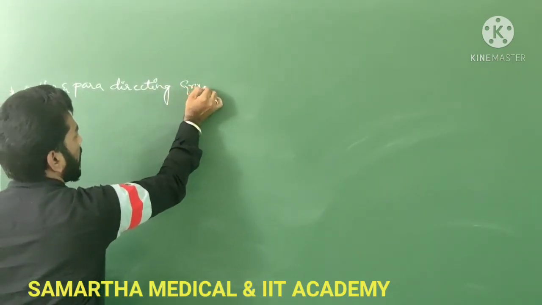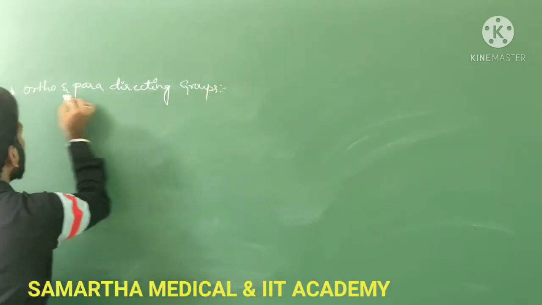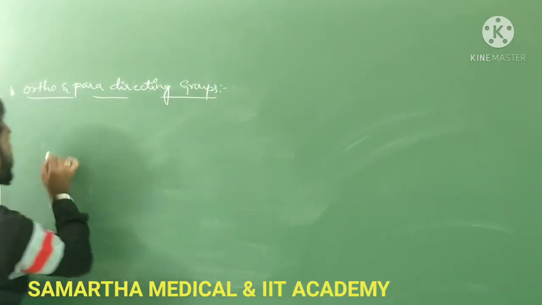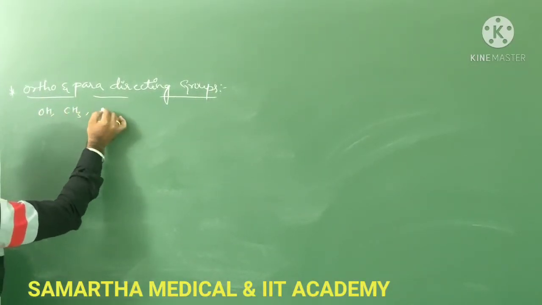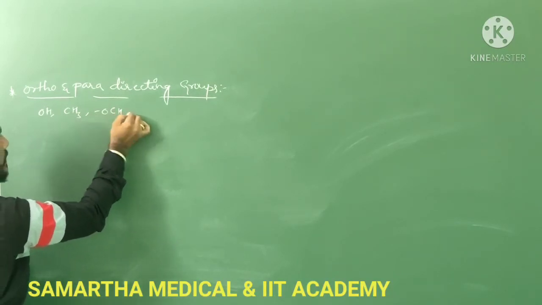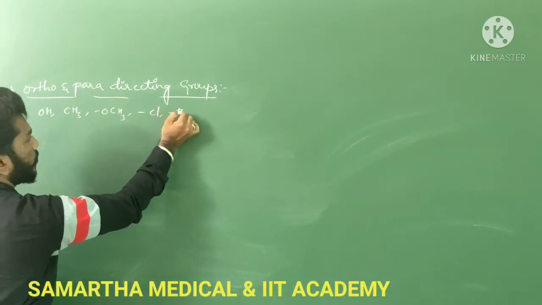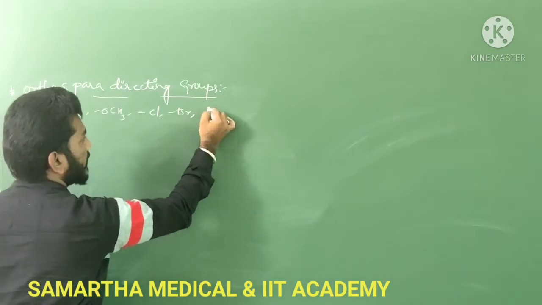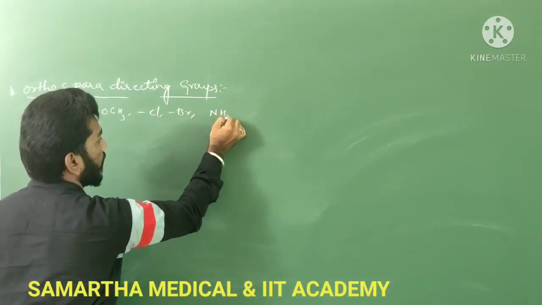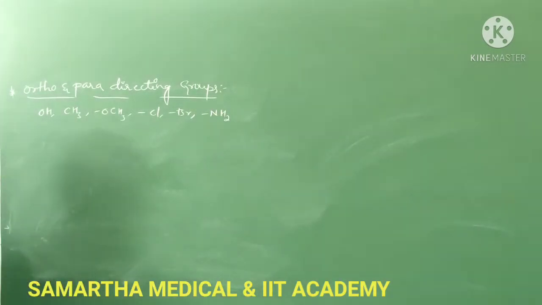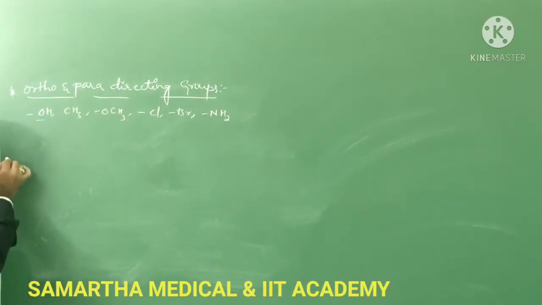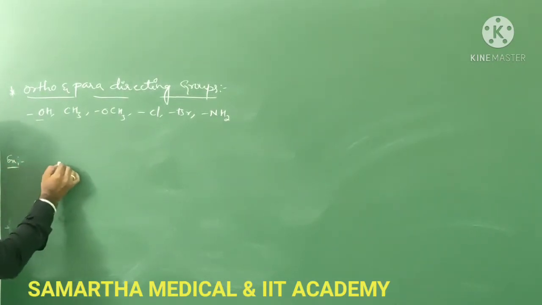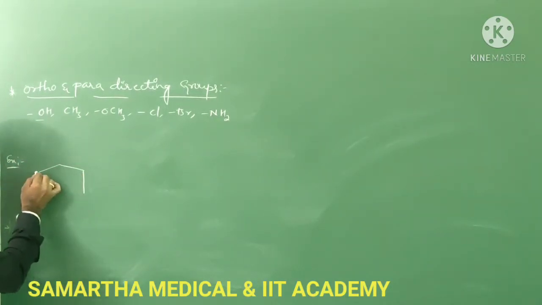Ortho and para directing groups. The examples I have already given: OH, CH3, methoxy, Cl, chlorine, bromine, or your NH2 group, the amine group, etcetera. We call these ortho and para directing groups. Now we need the justification.